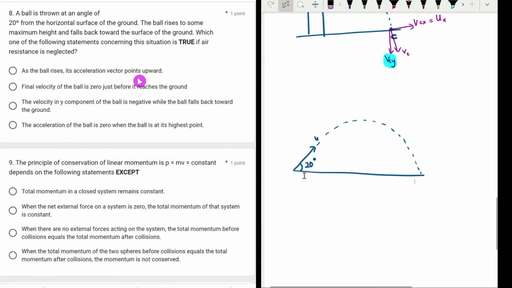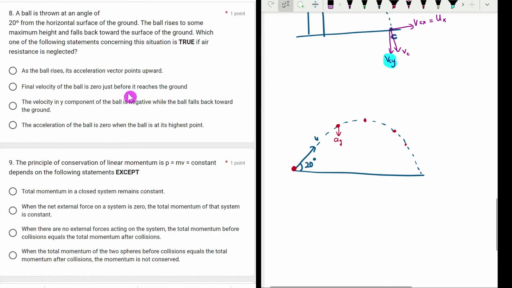Sebab bila objek bergerak in free fall motion ataupun in projectile motion, the object is moving under gravitational acceleration. Jadi at any point, acceleration dia akan pointing downward. Macam tu. Sebab dia kata acceleration.